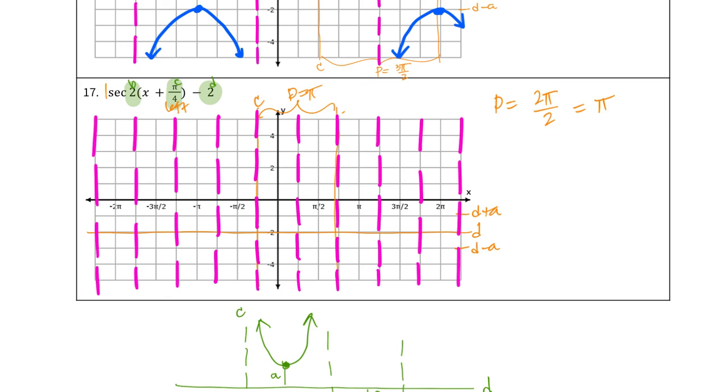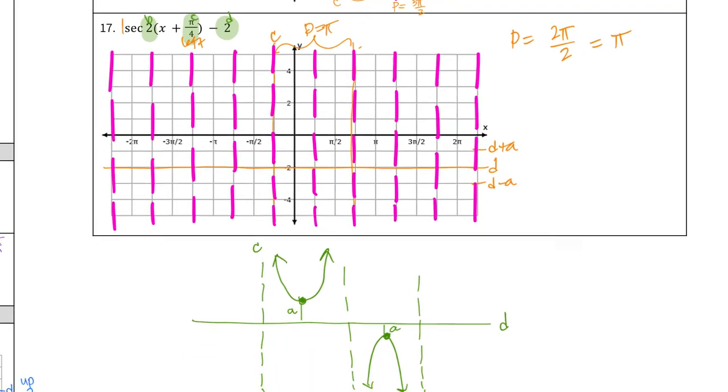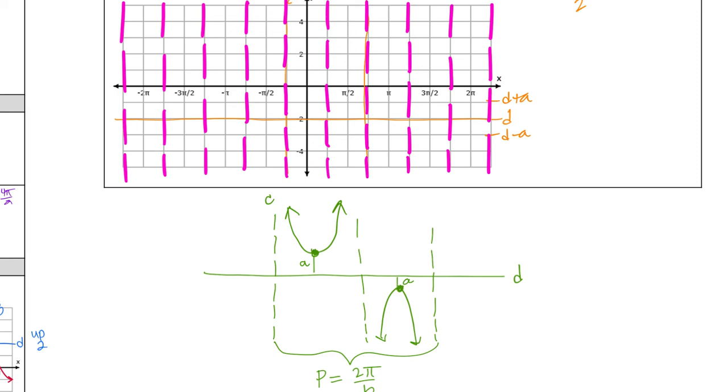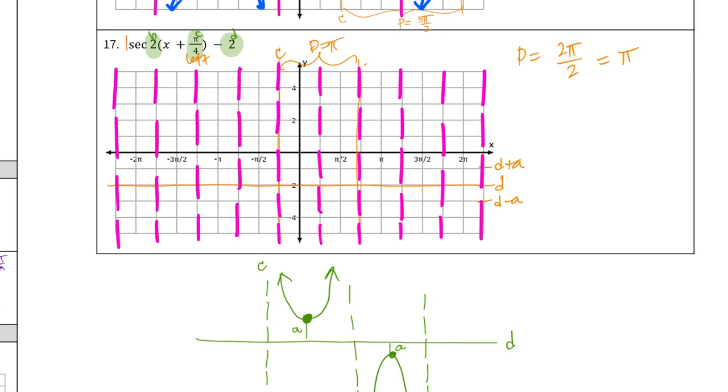Then I need to have a parabola that is on the upper side, but make sure that it is touching that upper critical point. So here is the midline. D plus A would be 1 up. So starting from here, and then that parabola needs to point up. Then the next one needs to start at the lower critical point and point down. Okay, and then just continue this until you run out of space.